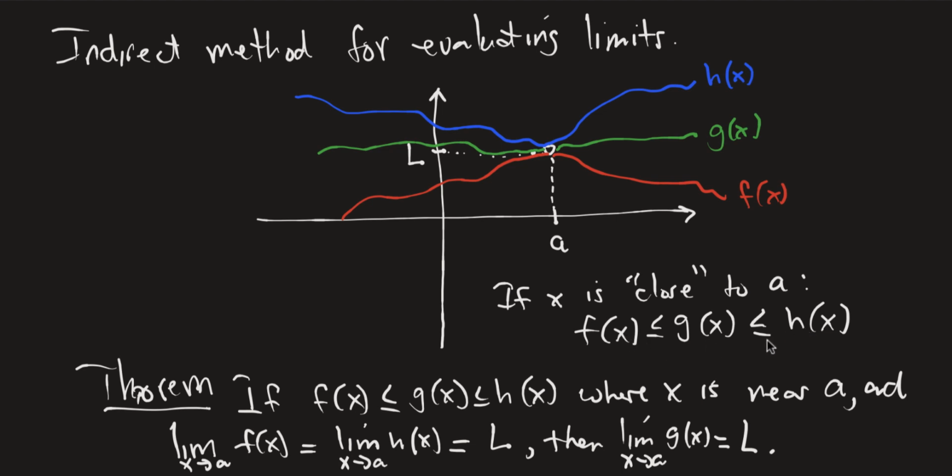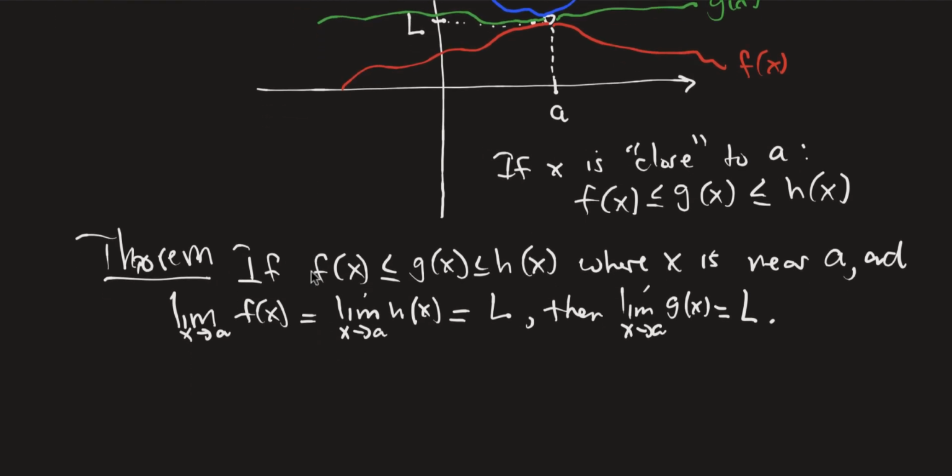And if those two functions approach L, so the blue and the red, notice as you get closer and closer to A, all the y values on the red graph and all the y values on the blue graph, those are approaching L, then any function stuck in between the two must also approach L. All right, so let's take a look at a couple examples, and we'll do two.